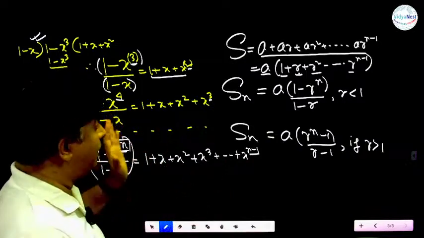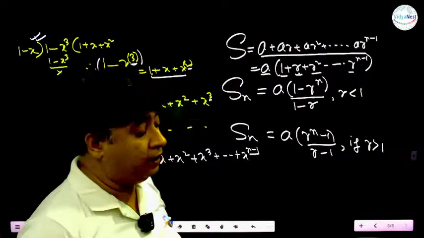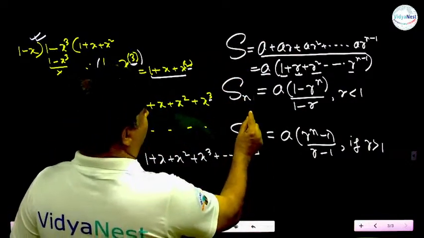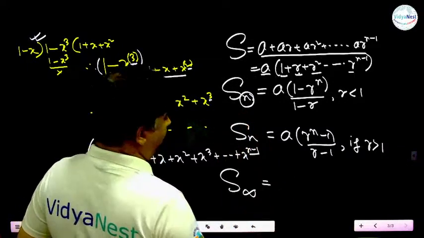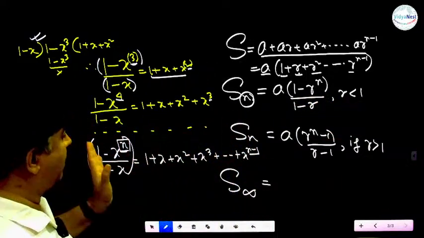Now, sometimes the series will go to infinity. कोई एंडिंग नहीं है. तब n के जगह में हम इंफिनिटी पुट करूंगा. S of infinity क्या होगा? ये r तो लेस देन 1 है ना, लेस देन 1 कैसे?